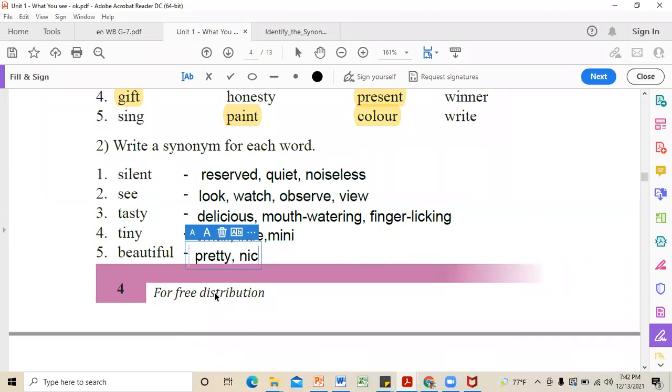Yes, nice looking. And anything else? Attractive. Yes, very good. Attractive. Handsome. Handsome. Yes, we can use it.